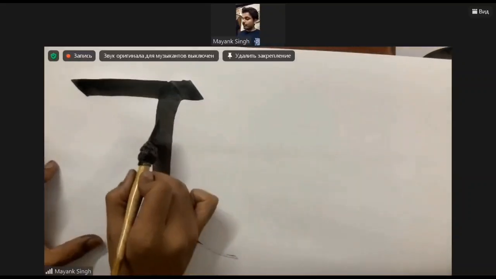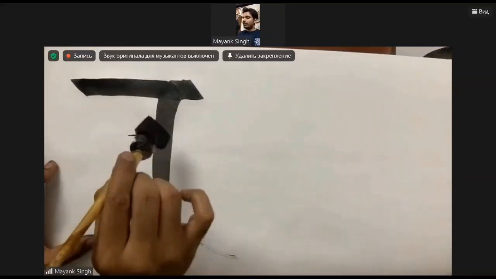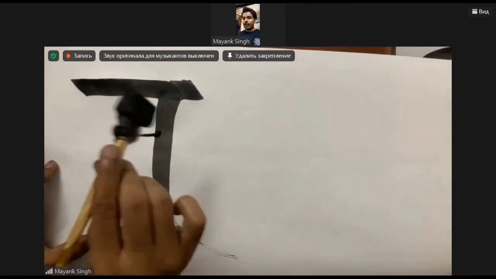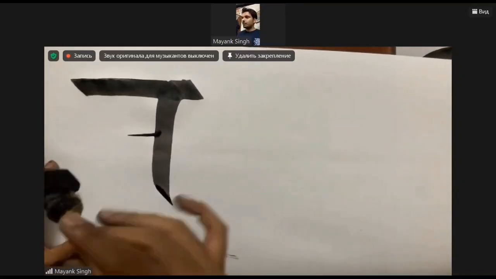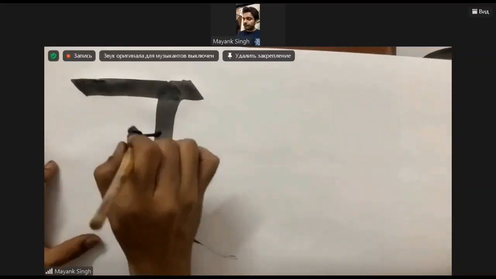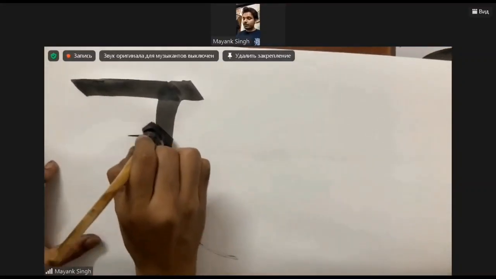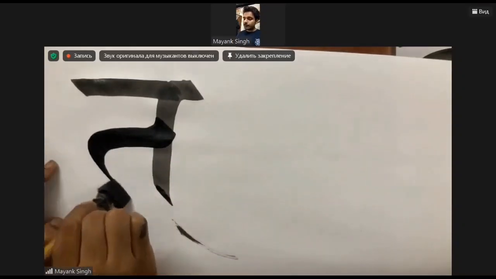And then again from the middle. So a lot of Devanagari alphabets would start from the middle, like ka, ta, and even kha, va, ba, ma. So it's somewhere in the middle. So ta would be like this.